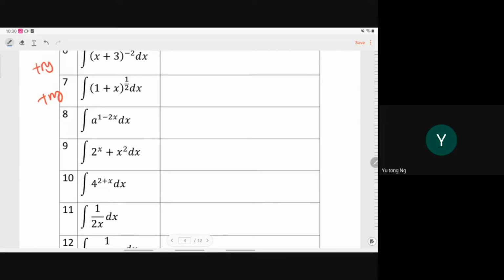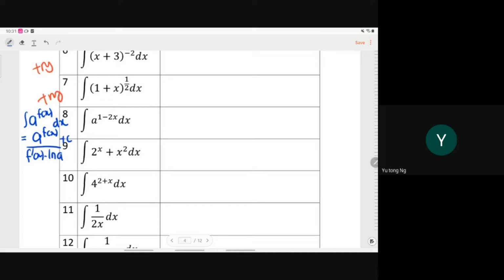You are given the integral of a to the power of 1 minus 2x. For this one, we're going to use the formula: integrate a^(f(x)) dx equals a to the power of f(x), over f prime x multiplied with ln a, plus c.